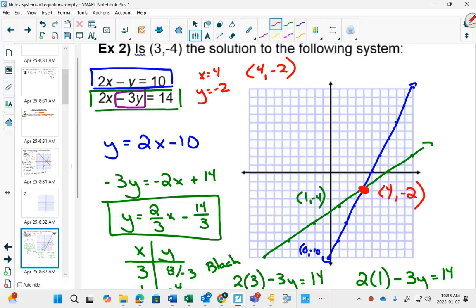And this is, I think, an exciting part for me about this unit. One of the things I always loved in math is when I got an answer and I could check it. I could check my blue equation and it works. And I could check my green equation and it works. This is a wonderful thing about math when it works.